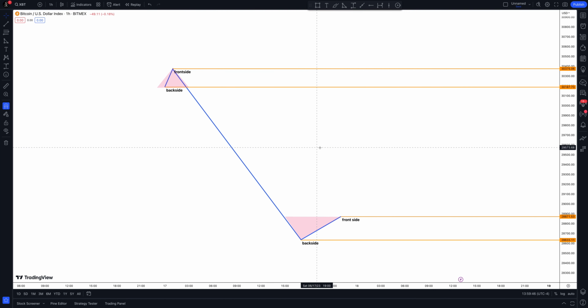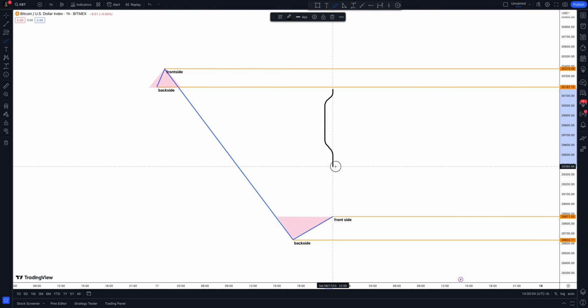Backside levels, what are they? You can think of them as volatile points, leverage points. You see those large wicks, and they touch perfectly on that level. That's what a backside level is. Sometimes you see large wicks, sometimes they can be big like that, or maybe even small like that.